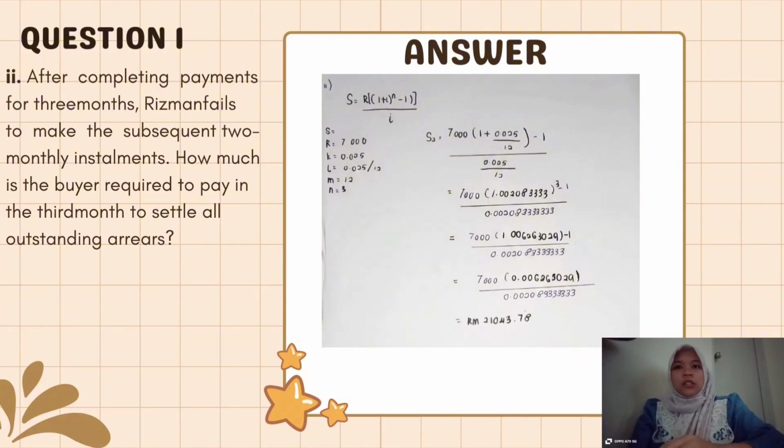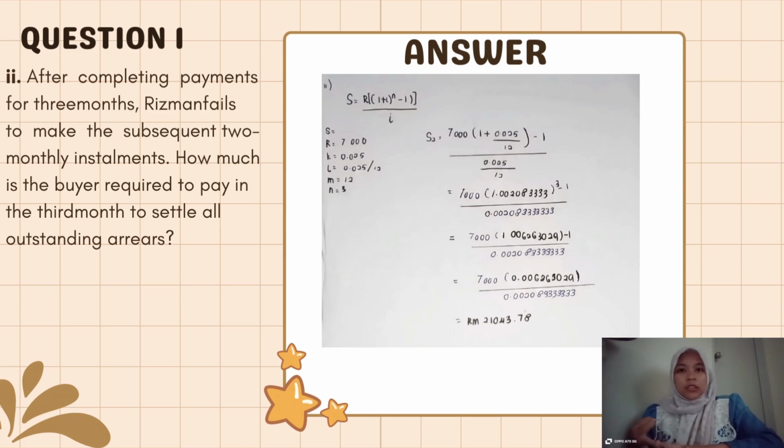The question is to find how much the buyer is required to pay in the 3rd month to settle all the outstanding arrears. So we need to enter all the list that is given to us, like the value of the r and also the value of the i.